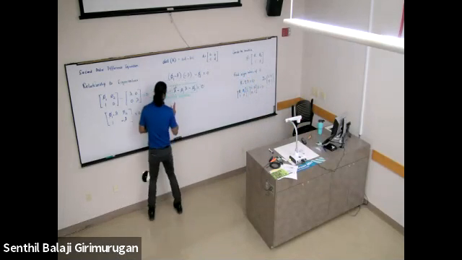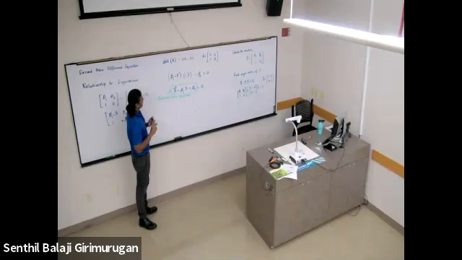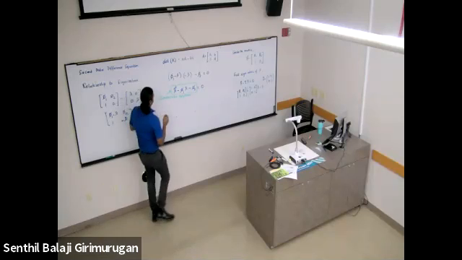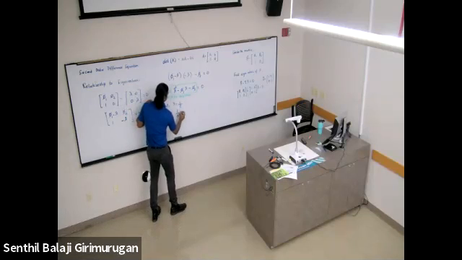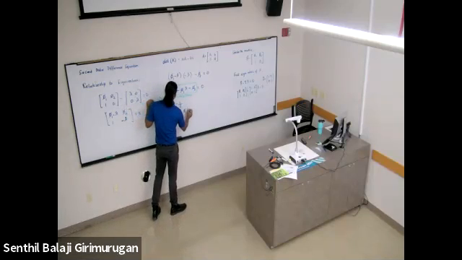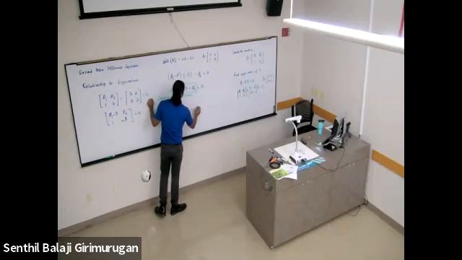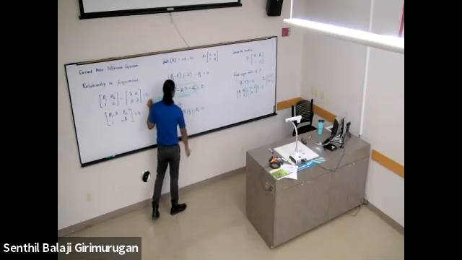I called lambda to be 1 over Z. So I'll have 1 over Z squared minus phi1 multiplied by 1 over Z minus phi2 equals 0.